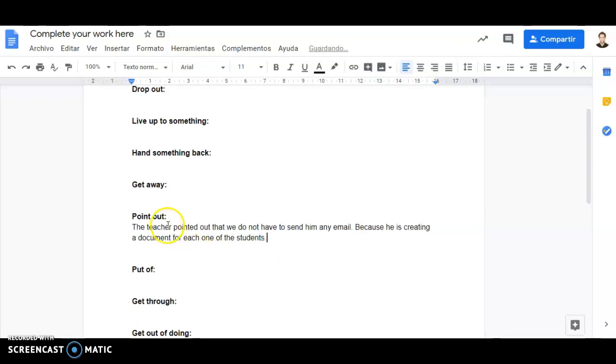If you ask me why I am using point out and not another verb, I'm using point out because I'm being really specific about what's gonna happen. This is an explanation that made the whole phrase complete.